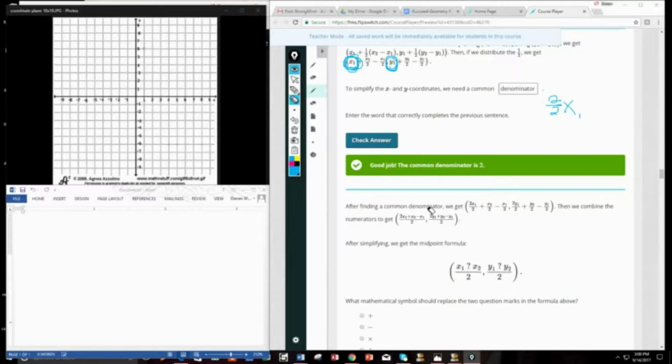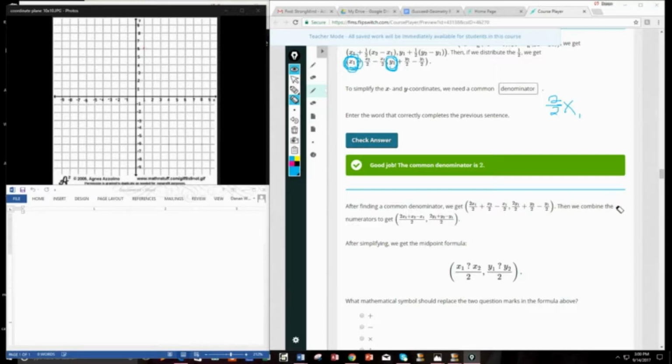So then we have 2 times x sub 1 divided by 2 plus x sub 2 divided by 2 minus x sub 1 divided by 2 for our x coordinate, and our y coordinate is 2 y sub 1 divided by 2 plus y sub 2 divided by 2 minus y sub 1 divided by 2.